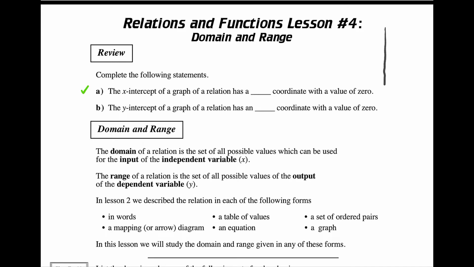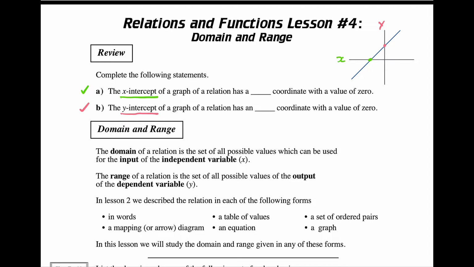So first of all, if we've got a Cartesian coordinate system set up, we have an x-axis and a y-axis. And if we have a line that happens to be going through those axes, where it crosses the x-axis, that is called the x-intercept, and where it crosses the y-axis, that is called the y-intercept.